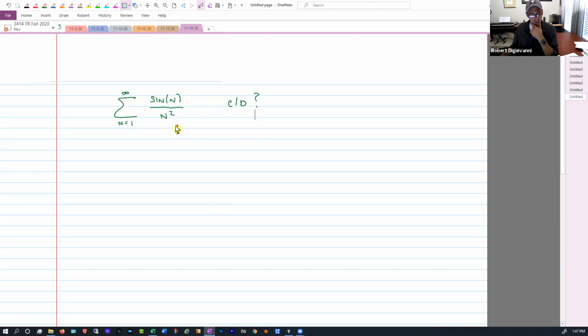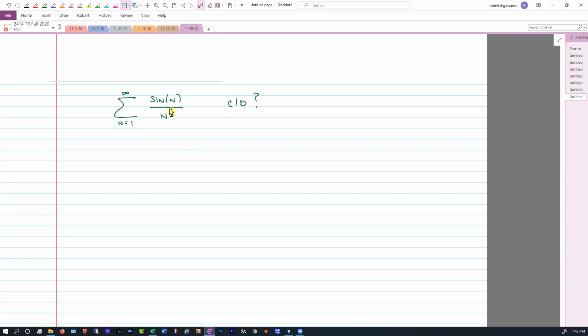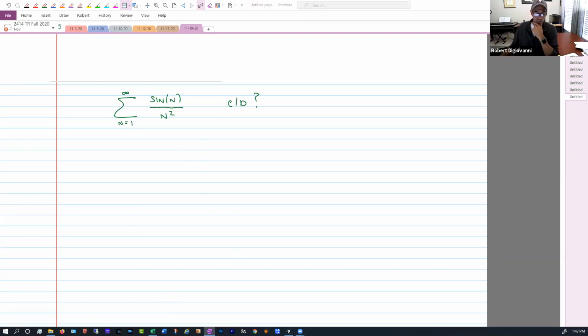So is this an alternating series? Is it going positive, negative, positive, negative? Yes and no. I think yes, because sine is bounded between -1 and 1. But when you plug in 1, do you get a positive, and then when you plug in 2, you get a negative? And is it doing that?